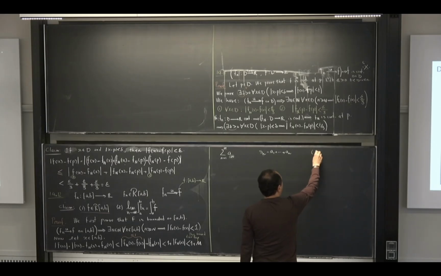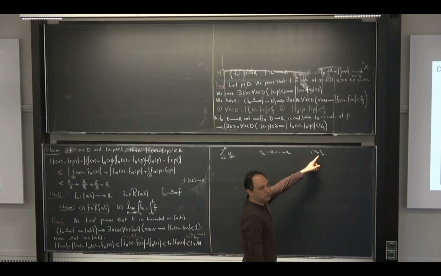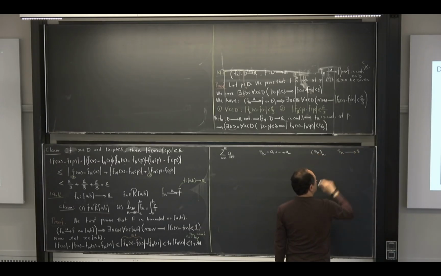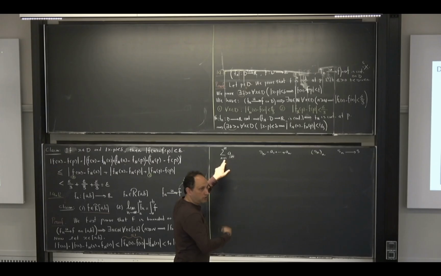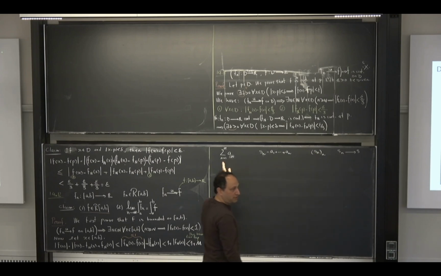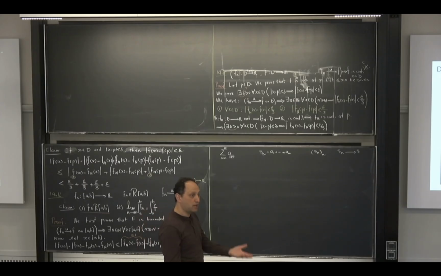You don't have any series anymore, but you investigate the convergence or divergence of this new sequence. If this sequence converges to S, you go back and say that this series converges and its sum is that S. If this sequence diverges, you go back and say that this series is divergent. So that's the definition of convergence and divergence of series of numbers.